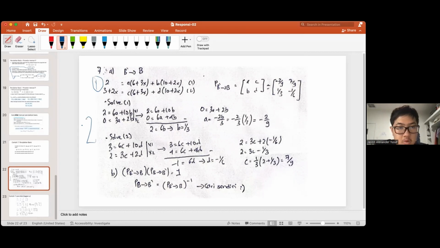This is step 2. Solve, find the value of A, B, C, D. Once you have the value of A, B, C, D, this is the answer. And in order to find B, which is this one, all you have to do is just find the inverse of this one.